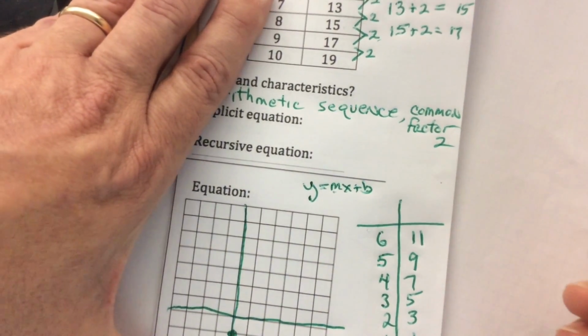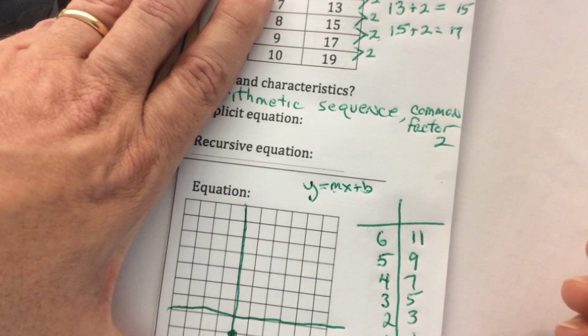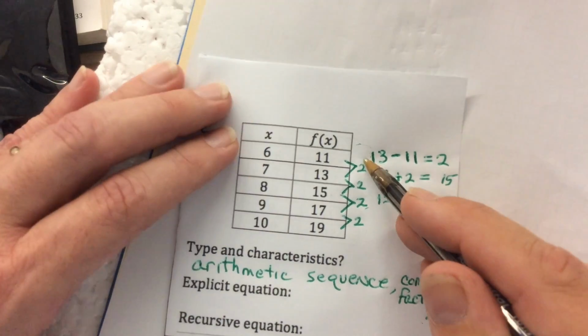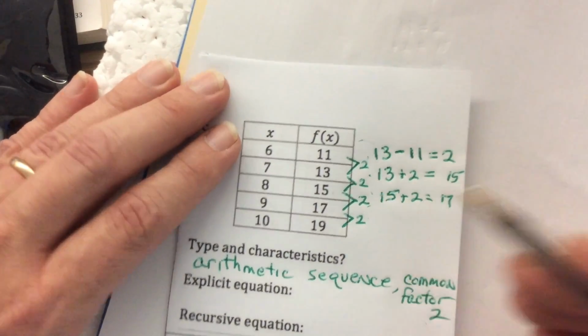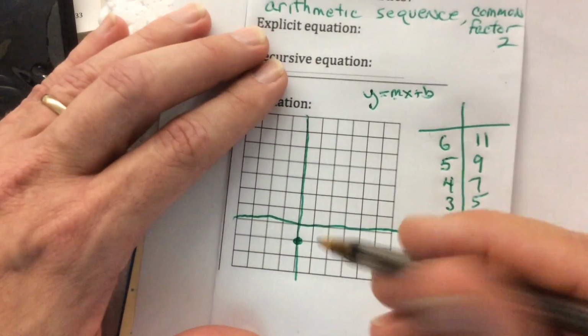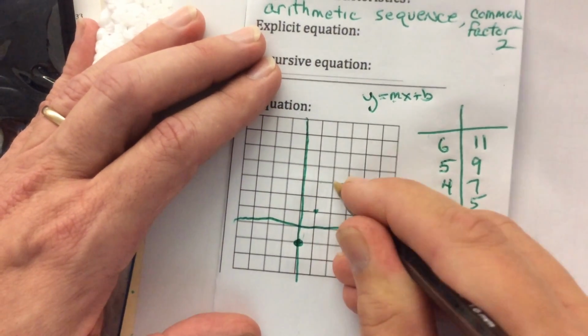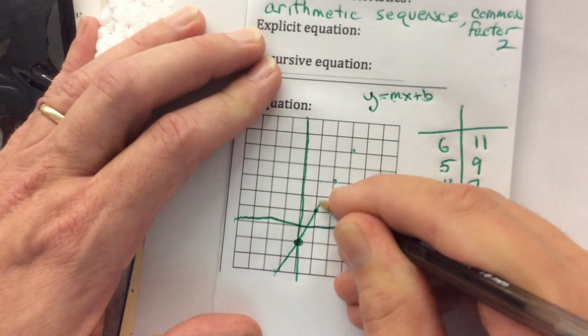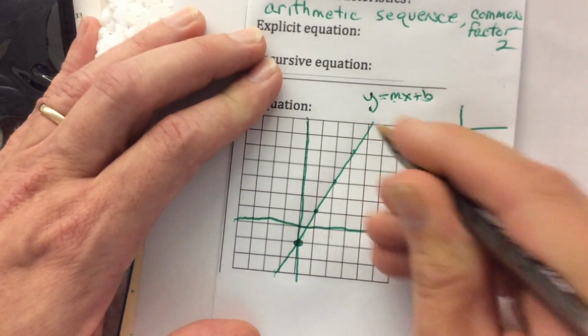And what's the slope? Remember, the slope is the same as the rate of change. What's my rate of change here? 2. So my slope is 2. Up 2 over 1, up 2 over 1, up 2 over 1, and there we go. And let's just double check this.